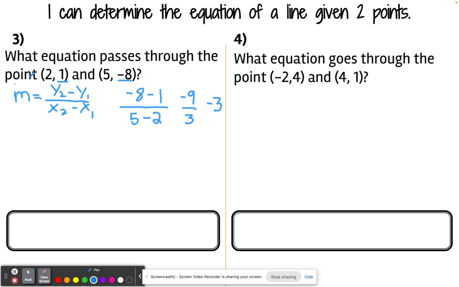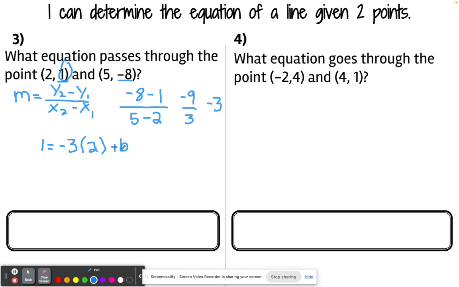Now I can use either of these points to figure out what my b is. I'm going to use this one because it has positive numbers. It doesn't really matter. So my y value, 1, equals my slope, negative 3, times x, which is 2, plus b.